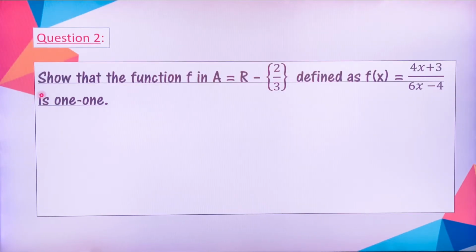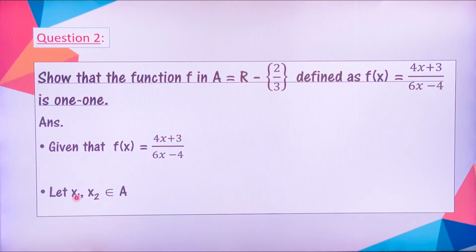See the next question. Show that the function f: A to B, where A is R minus the set {2/3}, defined as f(x) equals (4x plus 3)/(6x minus 4), is one-one. See the question. Given that f(x) equals (4x plus 3)/(6x minus 4).